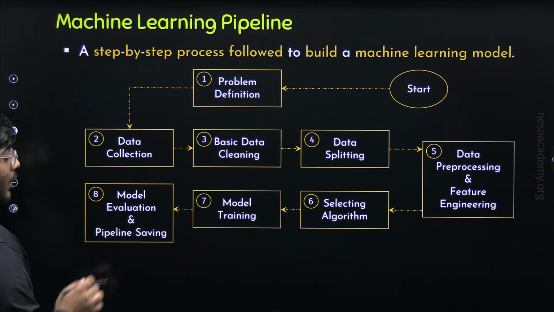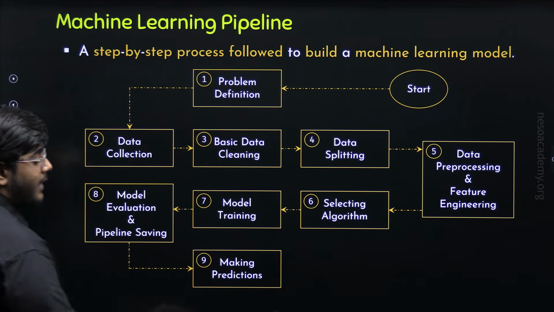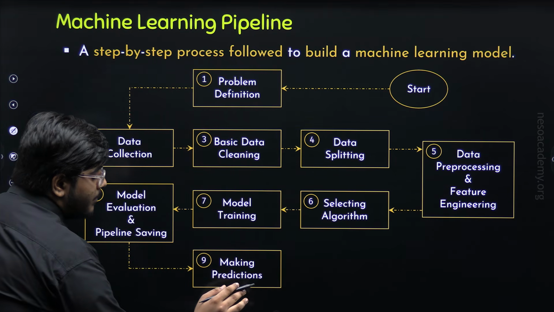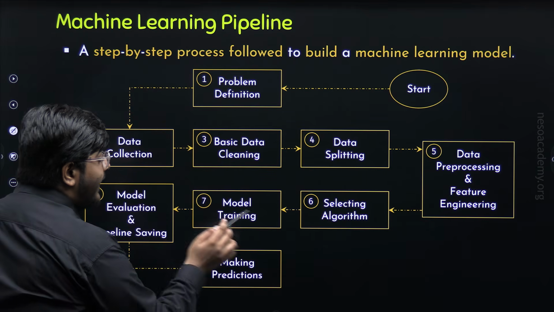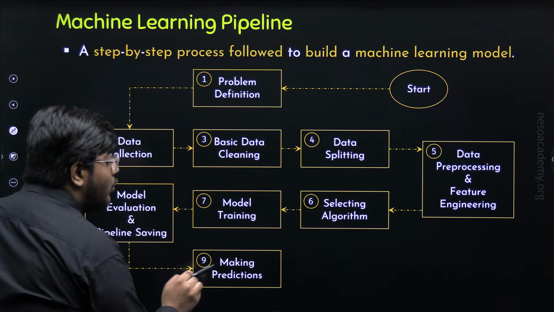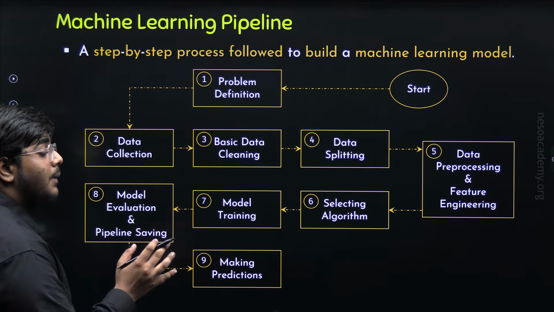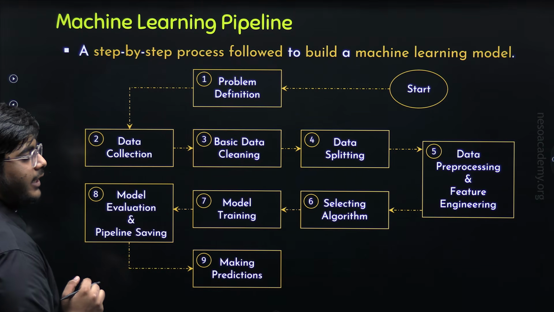Now, after model evaluation and pipeline saving, the ninth step is making predictions. That means the trained, tested, and saved model is now used to make predictions on new data. And this is the actual practical use case of machine learning.